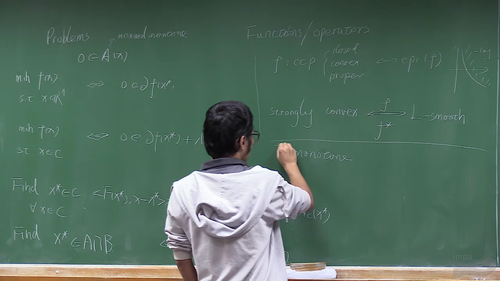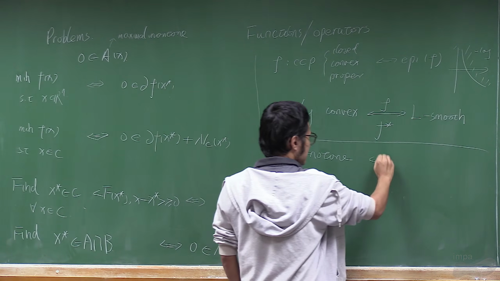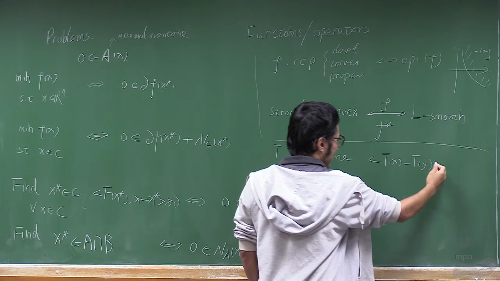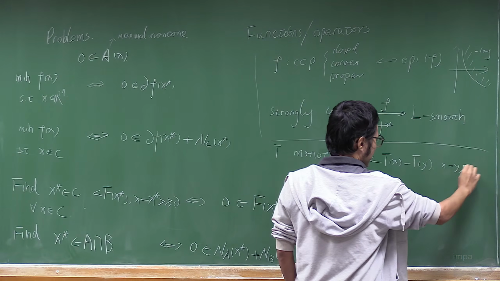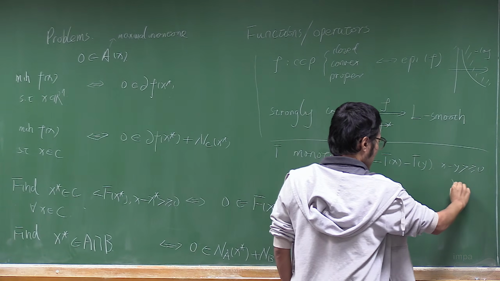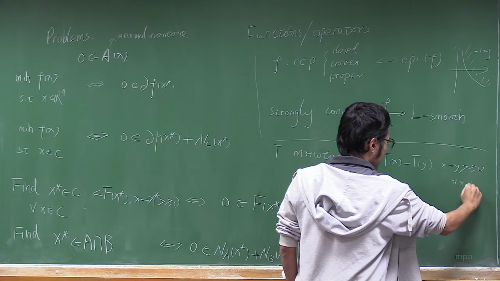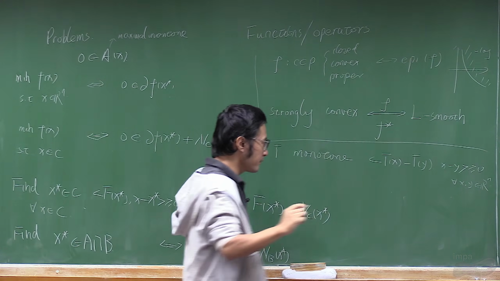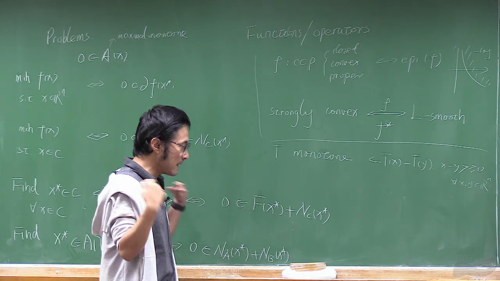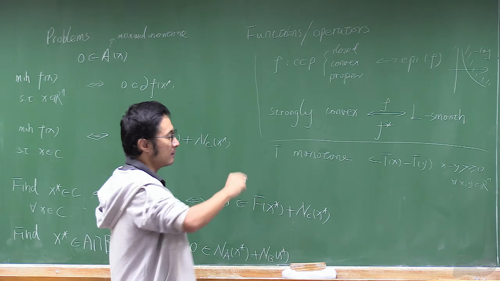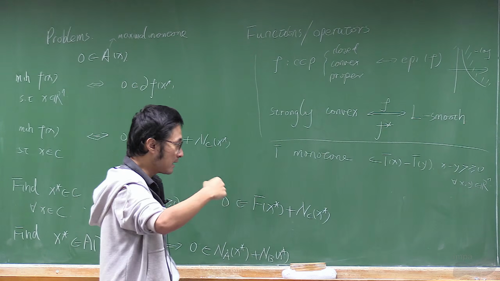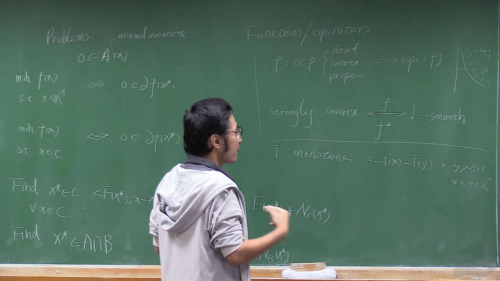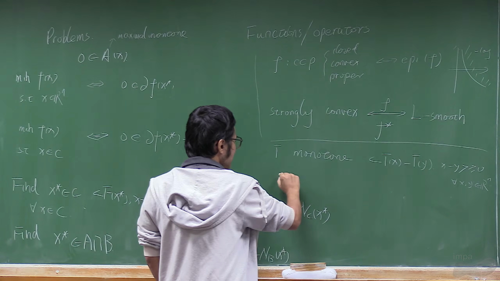If operator T is monotone, it means the inner product of T(x) minus T(y) and x minus y is greater than or equal to 0 for any x and y, where we assume that the domain of the operator T is the whole space. So if this inequality holds, it means the operator T is monotone. And furthermore, we have maximal monotone.